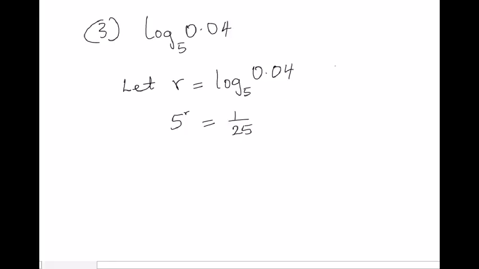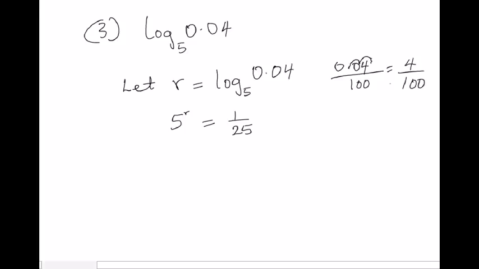Assuming you have 0.04, you shift the decimal point 1, 2 places, so you have 4. Then from where you start counting, you replace with 0, meaning you are going to have 4 over 100.